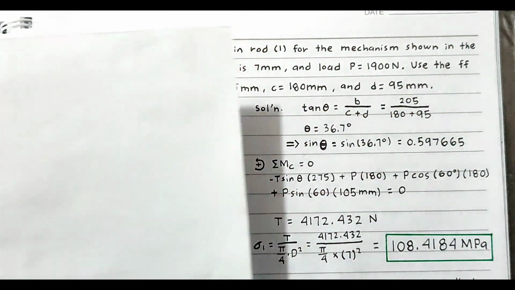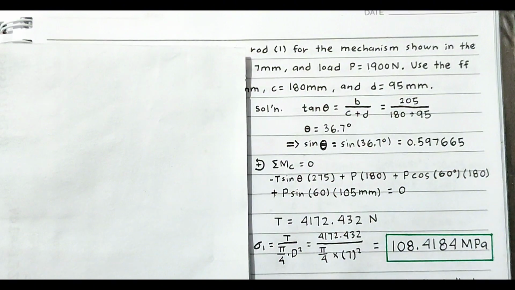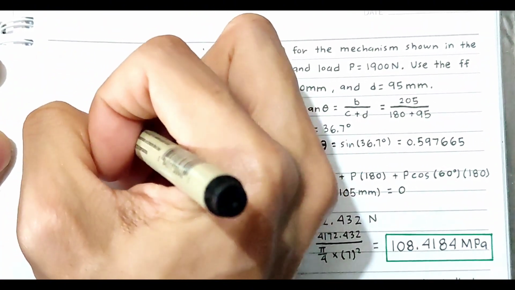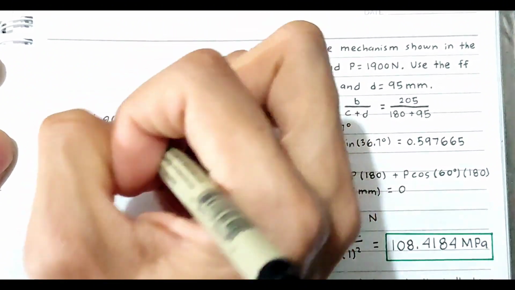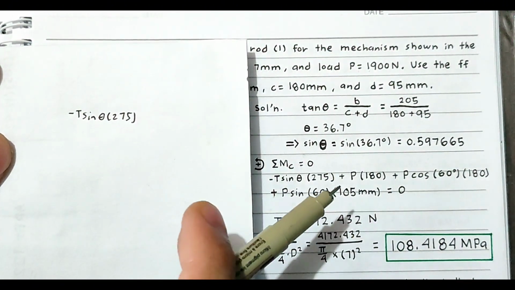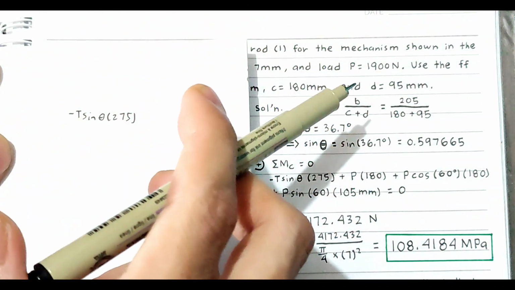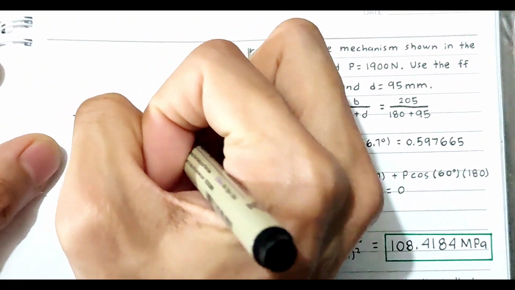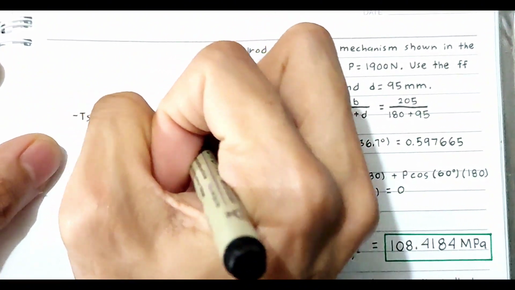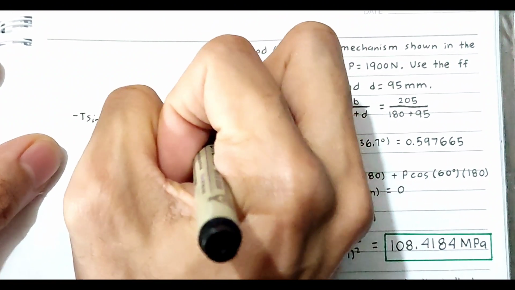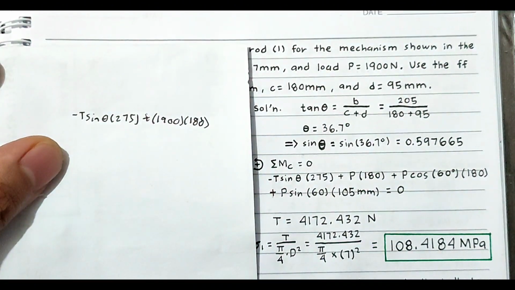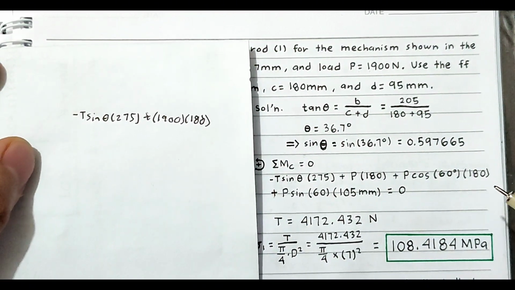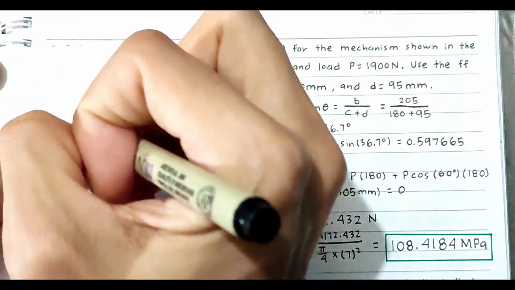Now let's break this down. Let's first write negative T sine theta times its distance, which is 275. Next is the plus P, which is given in our problem as 1,900 newtons times its distance of 180. Plus P cosine of 60 degrees times 180.